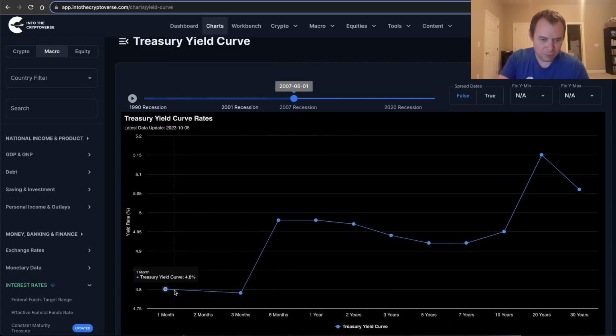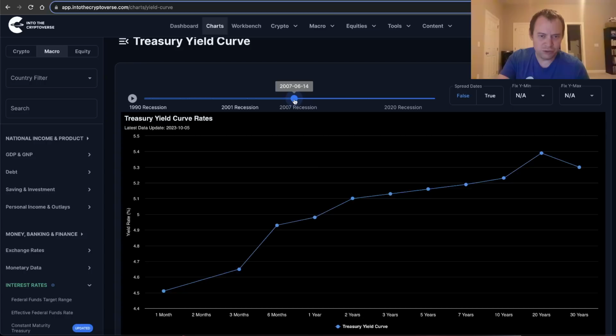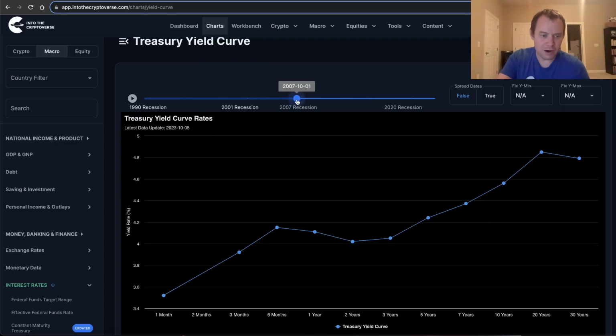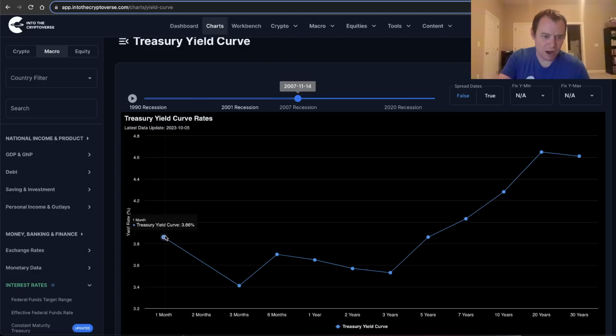Right now, it's down at 4.8%, 5%. Whereas just a few months before, the 1 month was at like 5.2%, and these were above 5%. But then as you go forward, the short end starts to really drop, and just a few months later, you can see the short end of the curve is now between 3 to 4%. The long end of the curve is still around 5%.